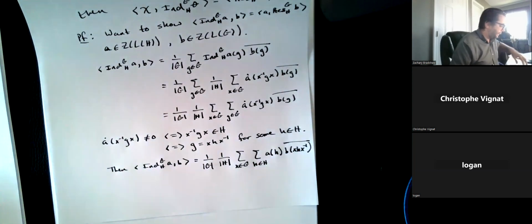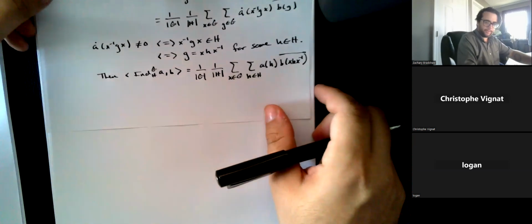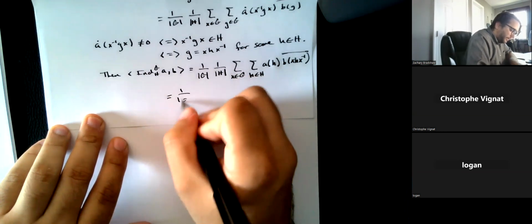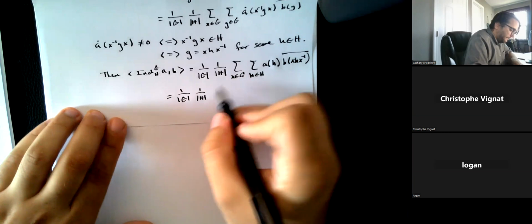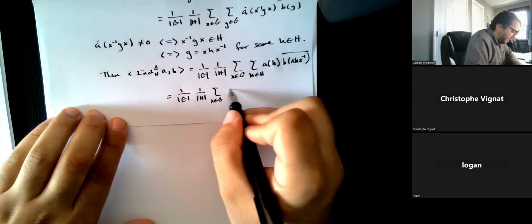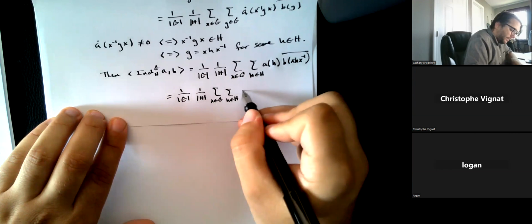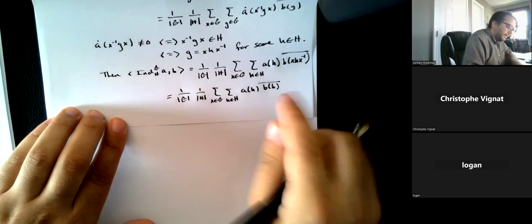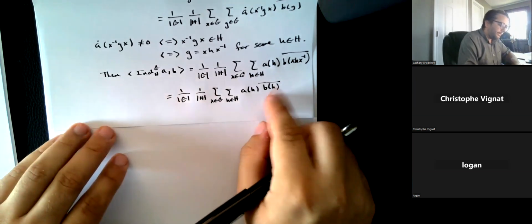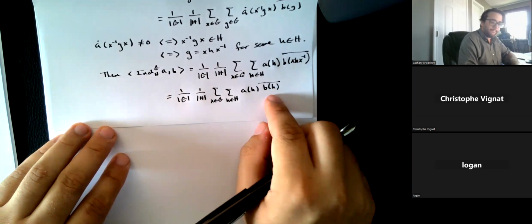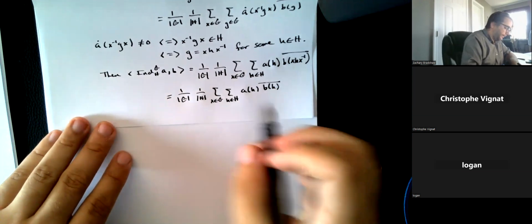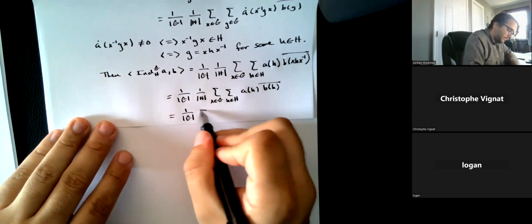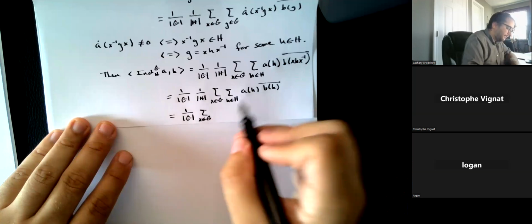And I need more room. So do this. And this is going to be 1 over the order of G, 1 over the order of H, summation over x in G, summation over h in H, A of h, and then this is B of h bar, because B is a class function on G. Okay, and then this is equal to, so I'm recombining some things.